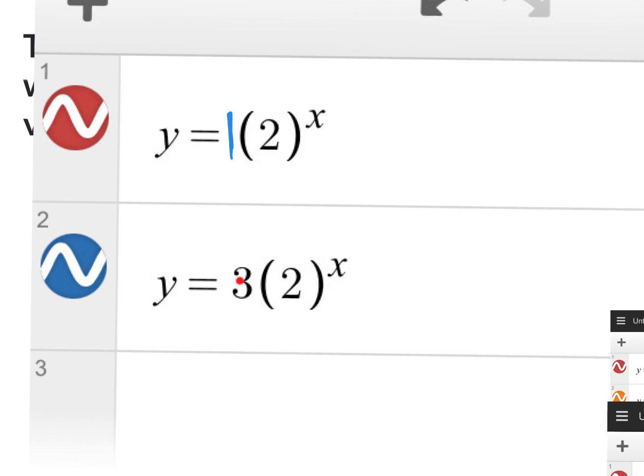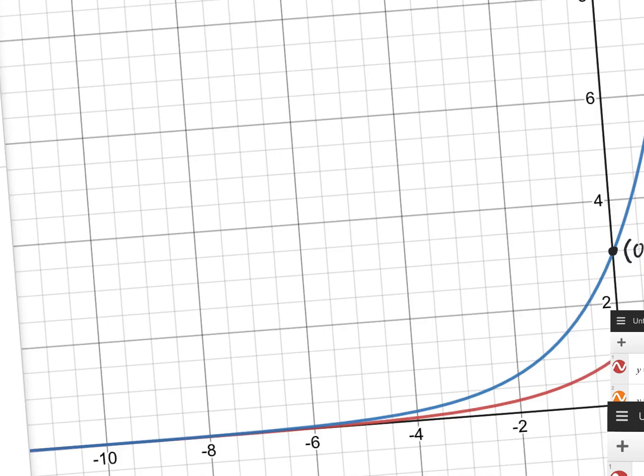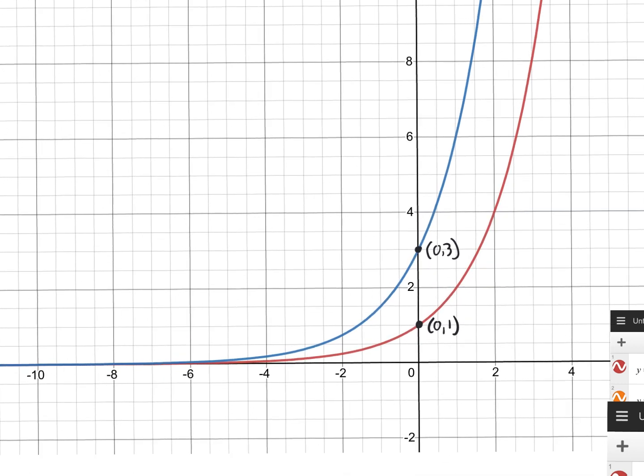With this 3 out here, it now crosses the y-axis at 3. And this number out here in the front is called the A value, and it's giving us a vertical stretch. Again, from the original red that was right here, it got stretched by 3.